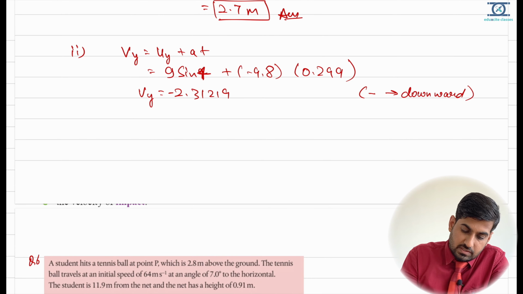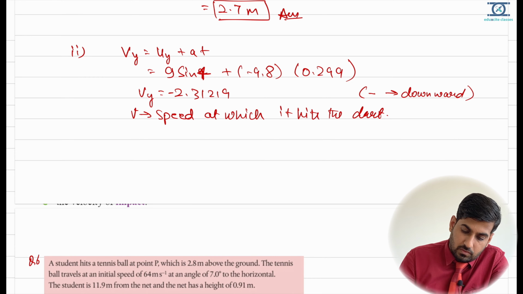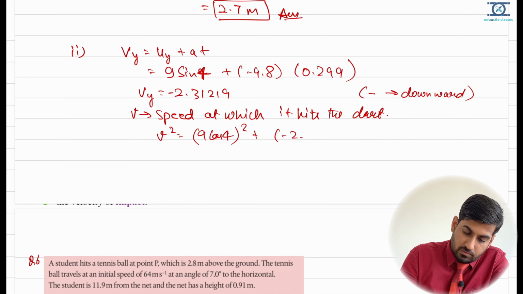So this is the speed at which it hits the dart board. Okay, so V square will be 9 cos 4 square plus minus 2.31219 square.